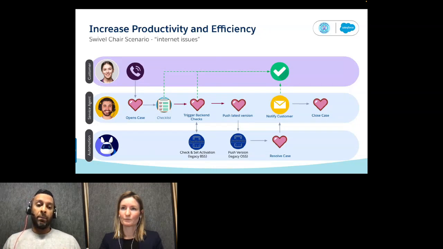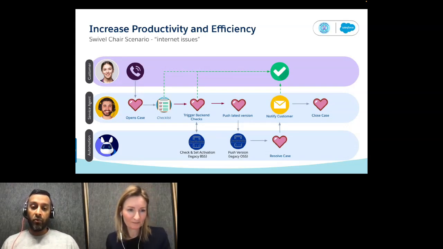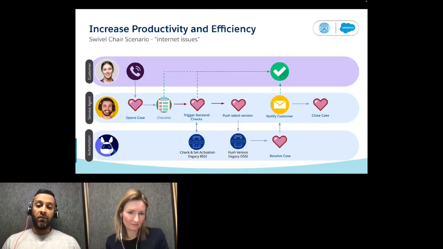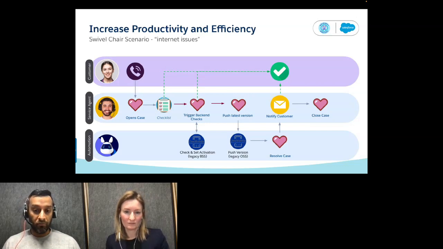Here, whenever a new case is opened and Chris cannot provide the solution by performing the checklist scenarios and so on, then he can directly from Salesforce Service Cloud trigger a few checks, like if the contract is active and if the version is the right one of the router, the firmware is the right one, and additional checks like Verena was mentioning about bad weather conditions or unavailability of different services.